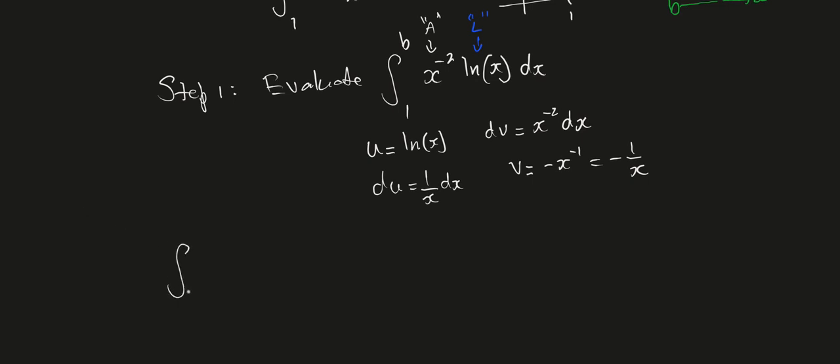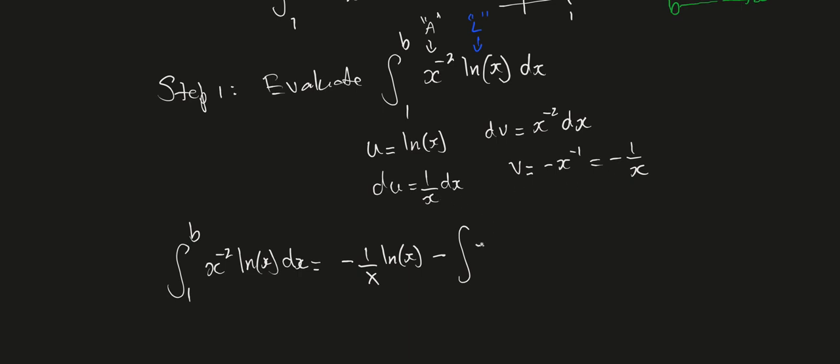So our definite integral is, applying our parts formula, uv, so this term times this term. So we have negative 1 over x times the natural log of x, and then minus the integral of v du.